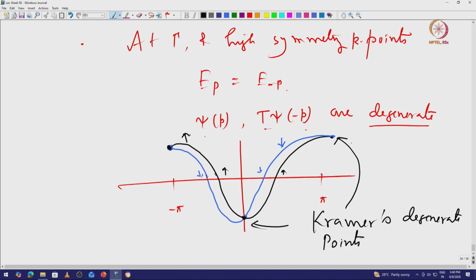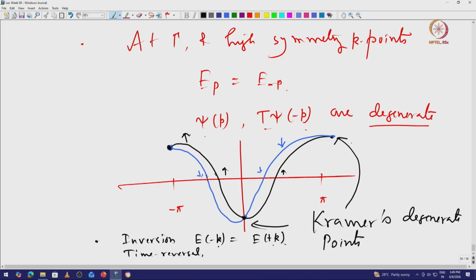Now, if I have, this is a homework, if I have inversion, which makes all energy at plus k equal to at minus k, and also time reversal, which will make these two states to be orthogonal.